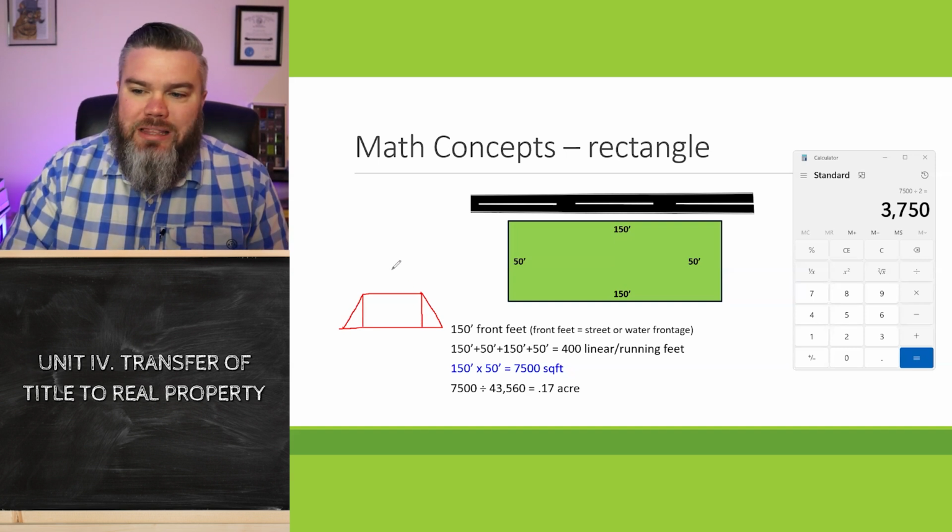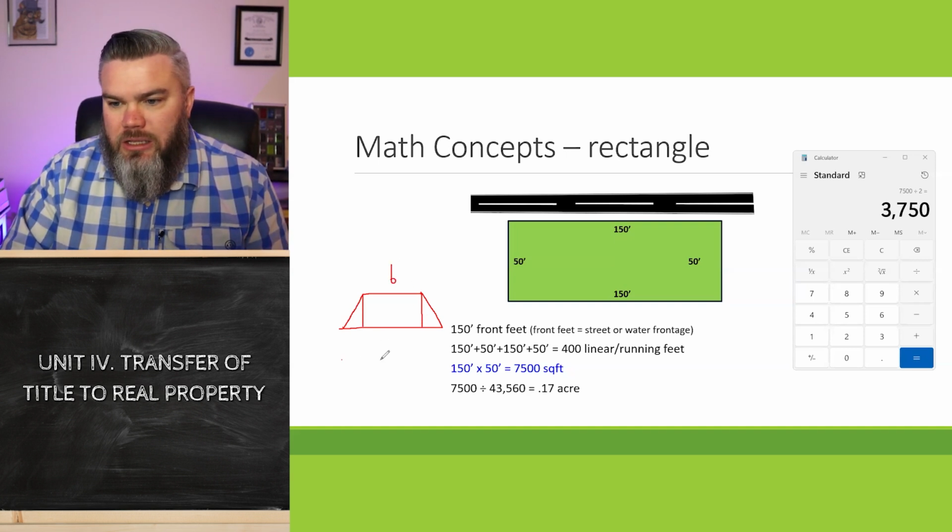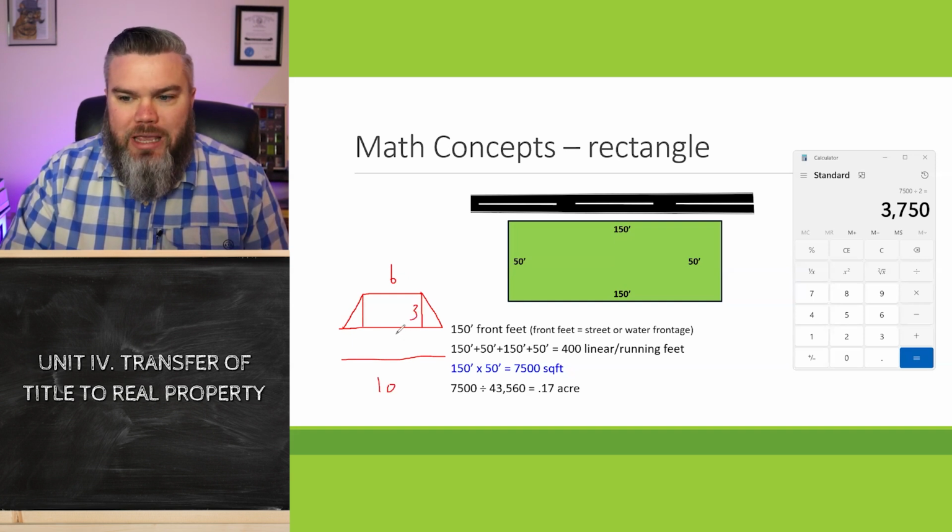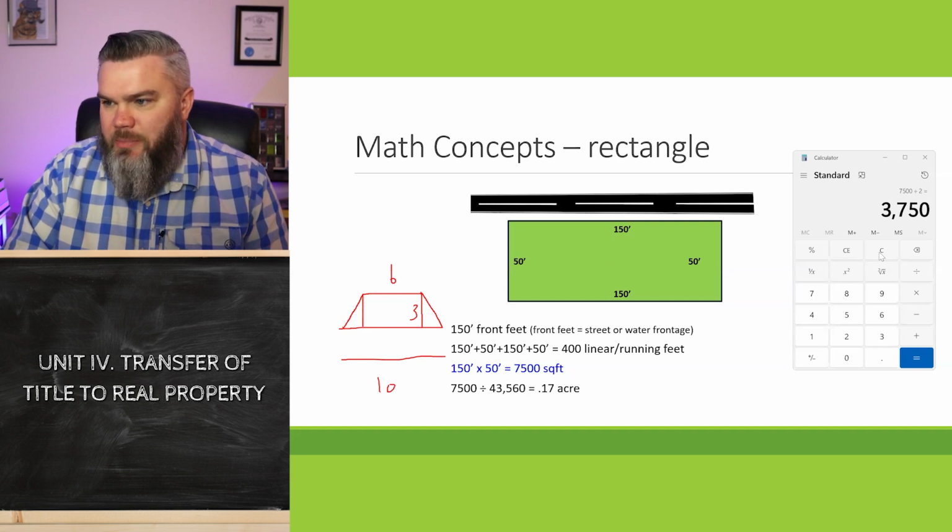So if I said this is 6, this is 10, and this is 3, we would just break it piece by piece, folks. This is a rectangle that is 6 by 3 for 18 square feet in that rectangle.